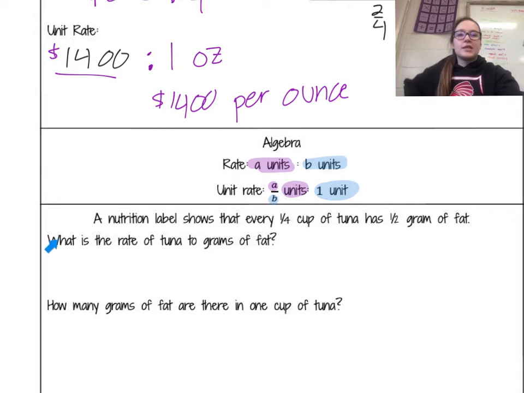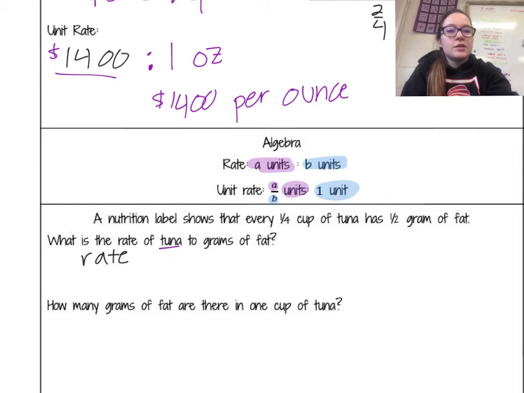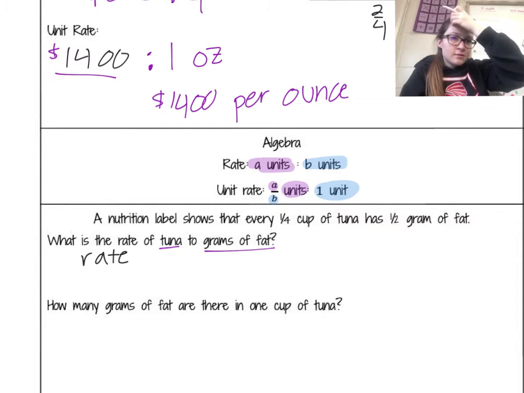So here it says, a nutrition label shows that every 1/4 cup of tuna has 1/2 gram of fat. So let's write our rate. We want to know the rate of tuna to grams of fat.